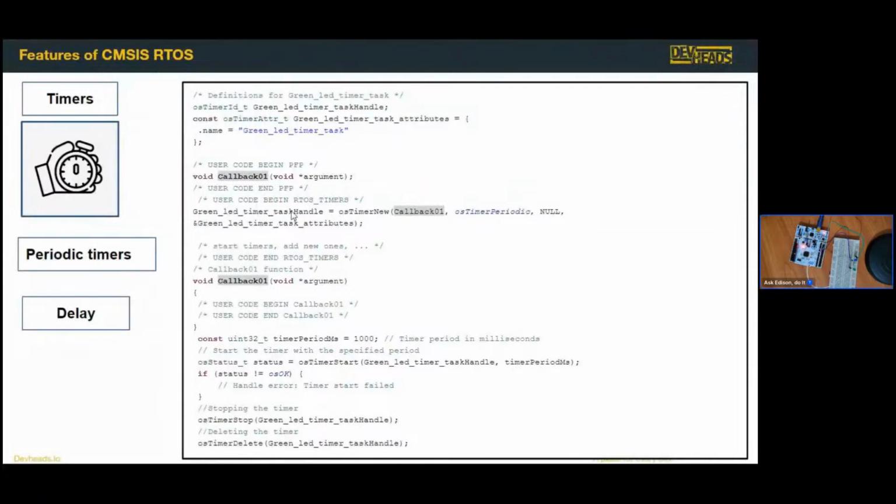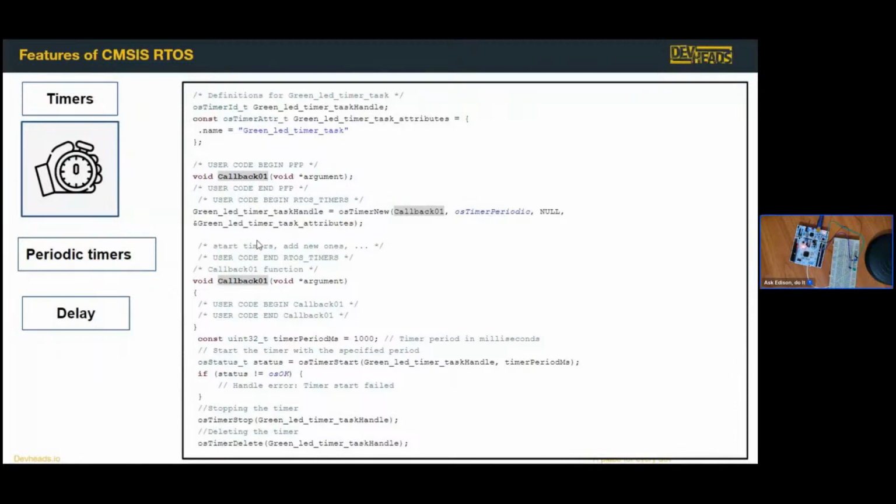So how do you create a timer? Use the OS timer new. Then you have to set the callback that will be called, and the timer can be one shot or periodic. So this is set to OS timer periodic, and takes no initial configuration data.